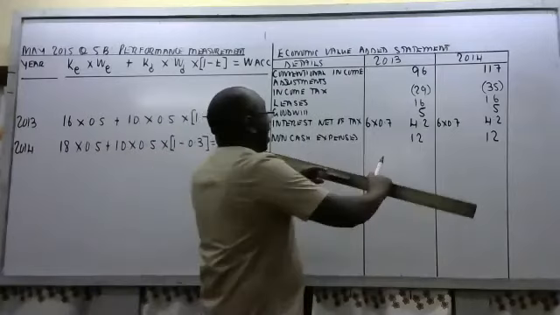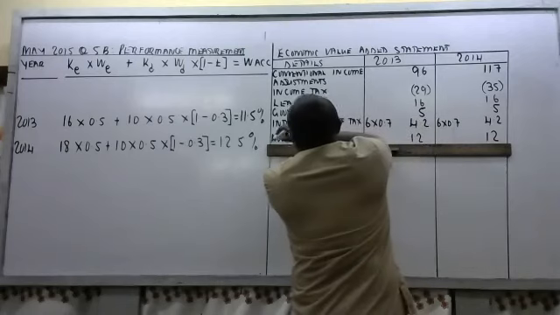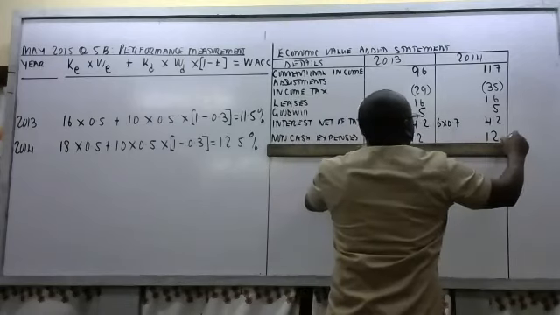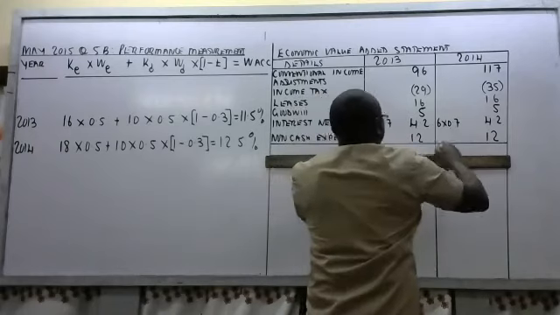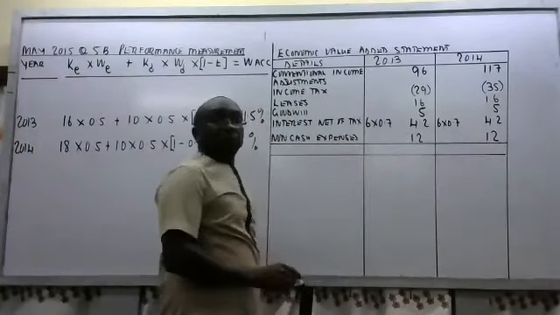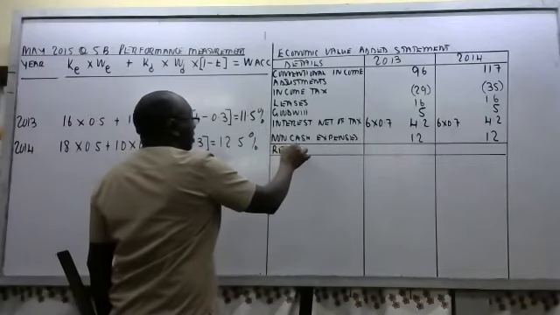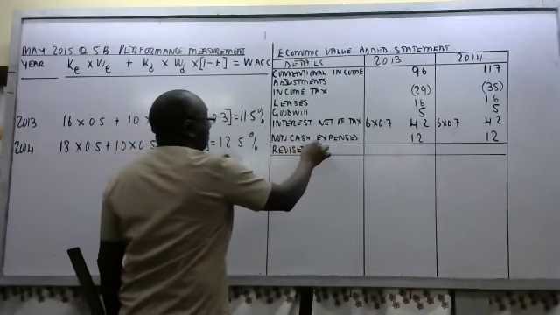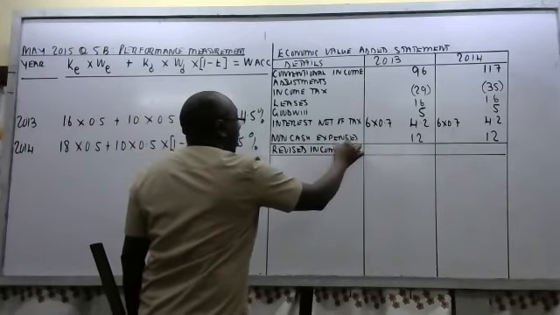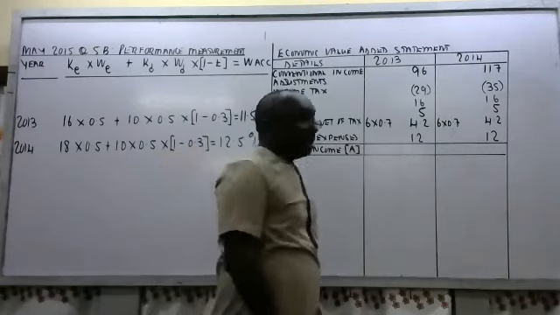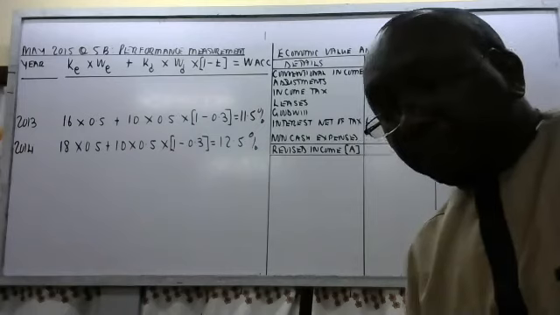So when you add that, you now get a figure called revised profits. So quickly give me, for the first year, revised income, which I want us to call A. Revised income for the first year, tell me how much.